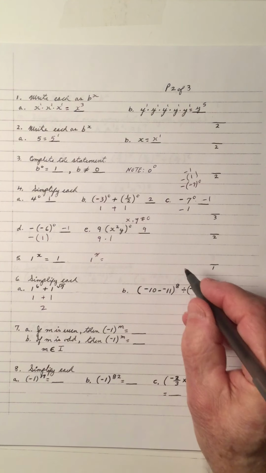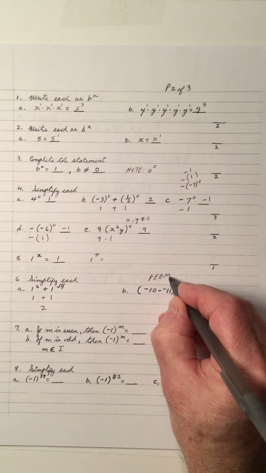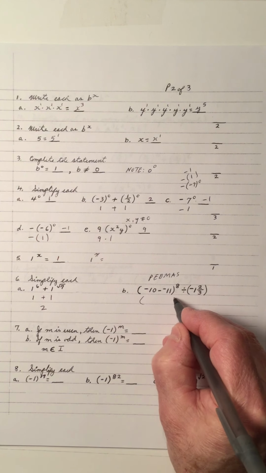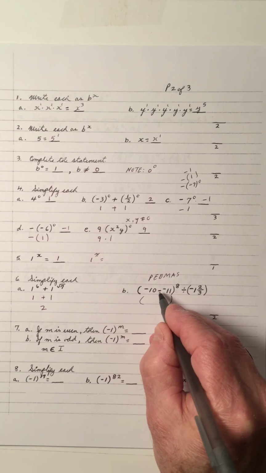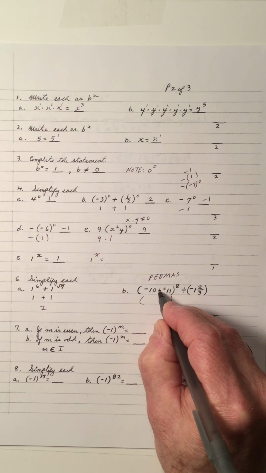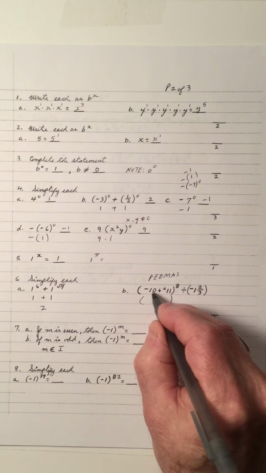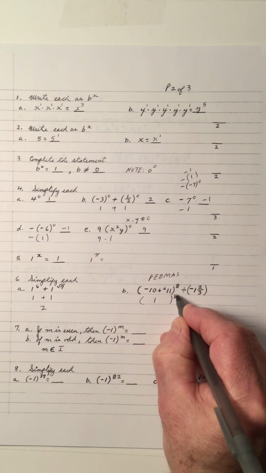And b, we have to do PEMDAS, P-E-M-D-A-S, the order of operations. We have to do the inside of our brackets first. So notice in here I got a negative 10, subtract 11. So when I subtract, double negative makes a positive. Or when you subtract, you add on the opposite. And that becomes negative 10 plus 11 is 1 to the 8th.